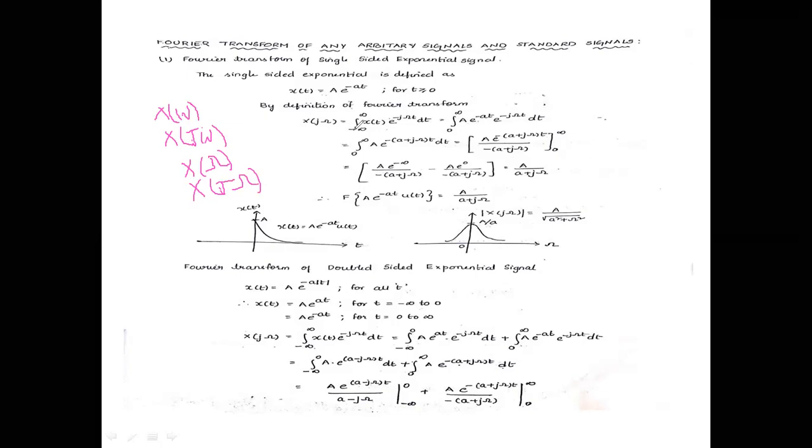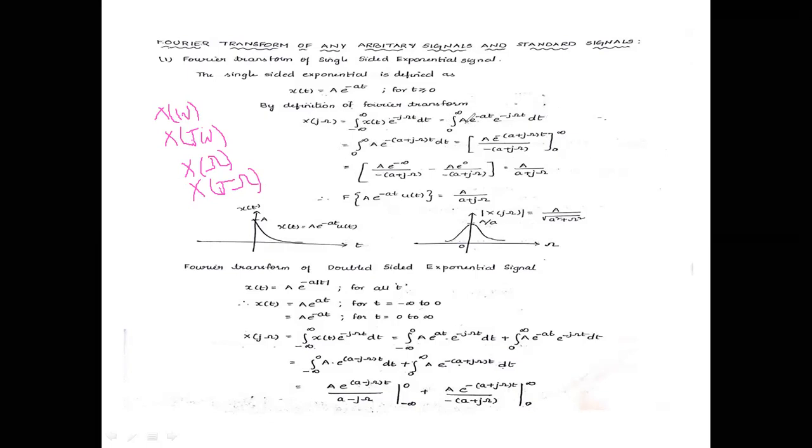So x of j omega is equal to the integral from minus infinity to infinity of x of t e power minus j omega t dt. Substitute x of t as a into e power minus at, and e power minus j omega t dt.